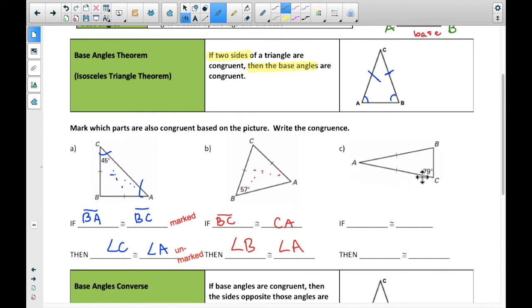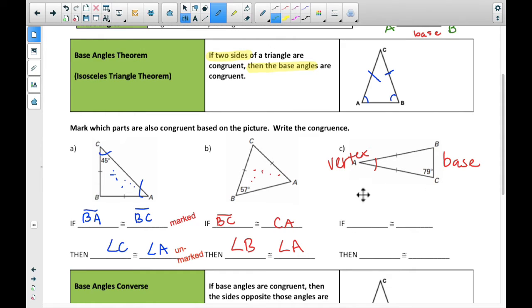One more, this one. The triangle looks a little bit on its side, and of course you can twist it any way. It can be on its side or at a weird angle or whatever. That's okay. Even though it's on its side, this is still called the base because it's the one that's not the same. This is still called the vertex because it's the one where the angle is made by the two that are the same. So even though it's on its side, we still use those same words.